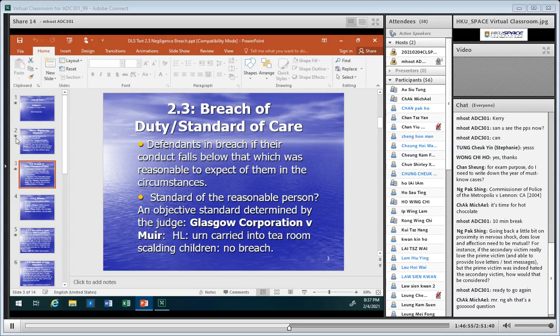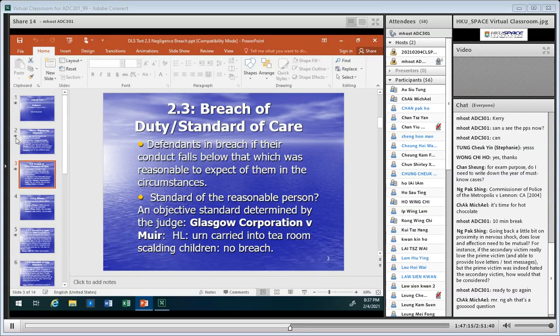So on the facts, the court found that there was no breach of the duty of care in Glasgow and Muir. They had done everything reasonable that they could have in the circumstances to make the situation safe.